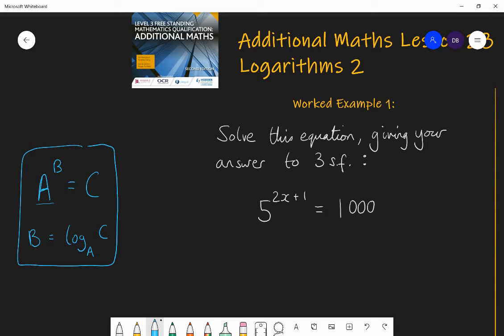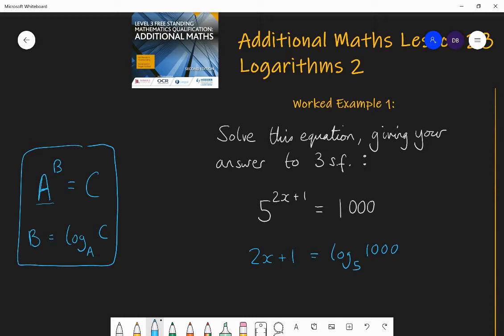So here, if I want to find what 2x plus 1 needs to be, I can rewrite this entire expression in terms of logarithms. So 2x plus 1 will be equal to the logarithm to base 5 of 1,000. This expression, log base 5 of 1,000, in essence, means what power do I put 5 to get 1,000?